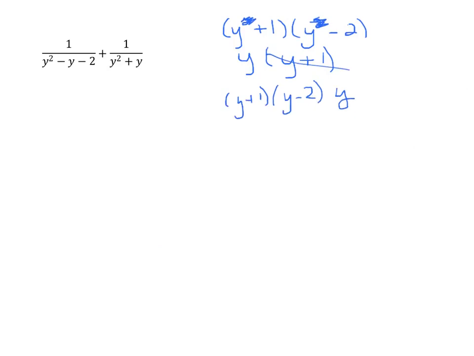So at this point what we do is we look at each one of these denominators factored and figure out what else we need. So this denominator factored is this, which means the only thing extra I need is this y, so I can multiply by y over y. This denominator factor is this, so all I need is the y minus 2.